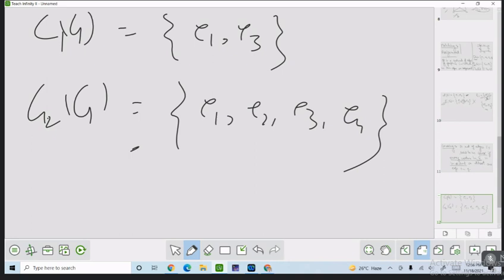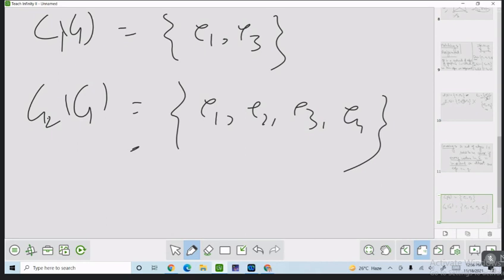So covering and matching are optimization problems. What is optimization? We have to find maximal and minimum. Clear?